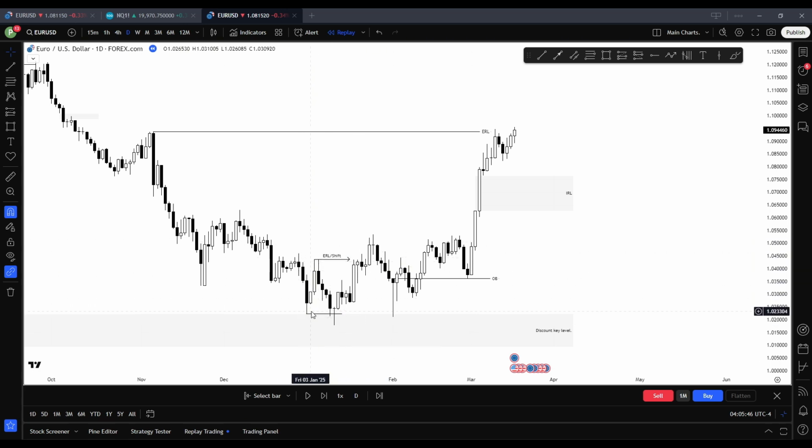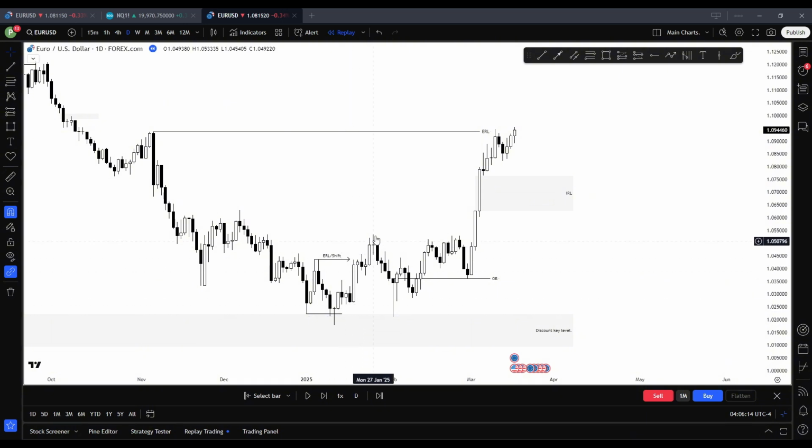It took out a low and then immediately it took out another high, instead of actually filling IRL and then continuing moving lower. And the reason it didn't do that is because we tested this discount key level. And as I said earlier, once price reaches a higher time frame objective or a higher time frame drawn liquidity, then exactly this happens: the dynamic changes and we go from one ERL to another ERL.